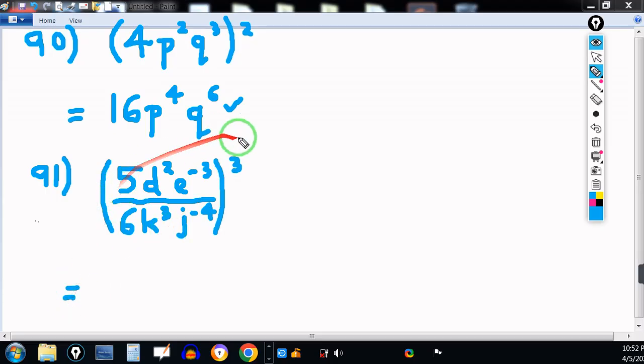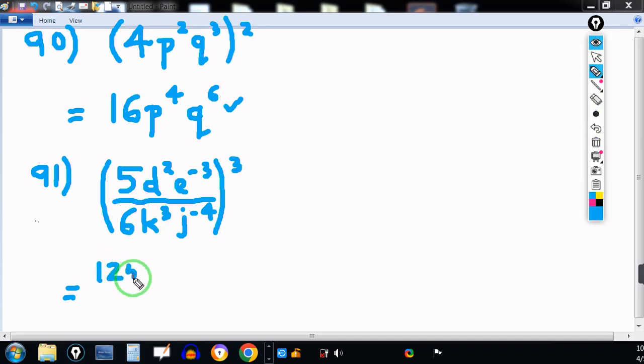So here, each one has to be powered there. So upstairs, every one you power. Downstairs, every one you power. Okay? So 5, you power 3. Why not I do straight away? 5 power 3 is 5 times 5 times 5 will be 125.